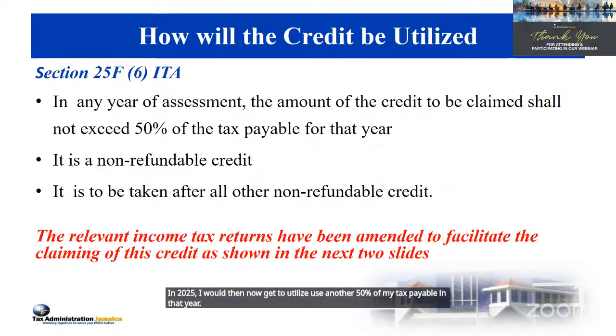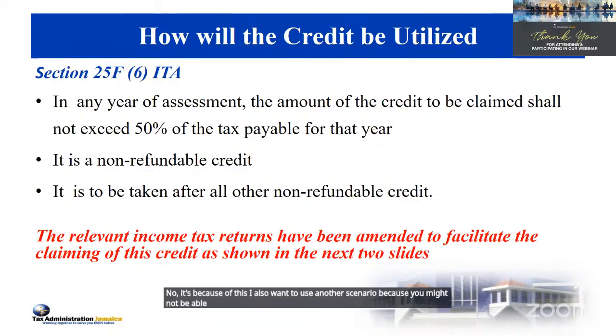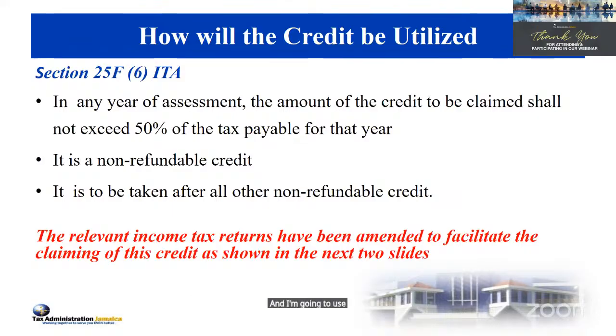Now, I also want to use another scenario because you might not be able to utilize all of the credit in 1 year. And that is where your tax payable is equal to or less than the credit. I'm going to use another scenario now to demonstrate this.